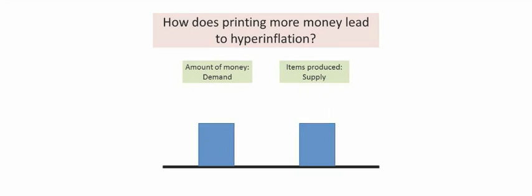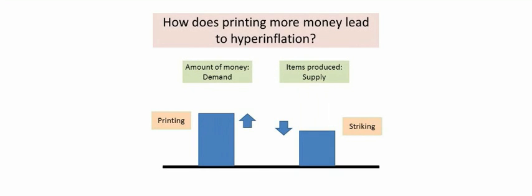What happens is, by printing more money, the amount of money that people have in their pockets goes up. There's more demand because you have more money. You go, oh, I can buy another this, I can buy another that, so I'm going to buy some stuff. Likewise, at the same time, since some of the most profitable and most industrial areas of Germany were on strike and therefore not making anything, the amount of stuff made goes down.